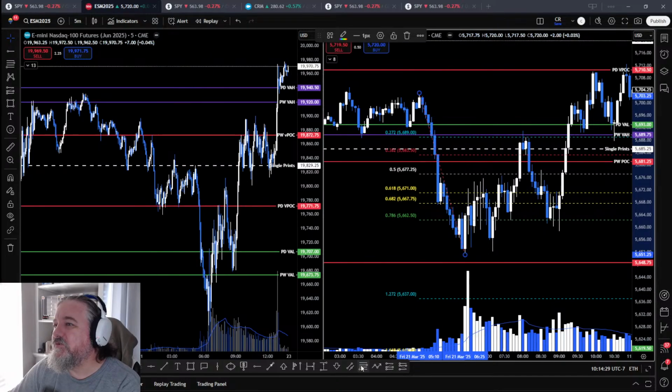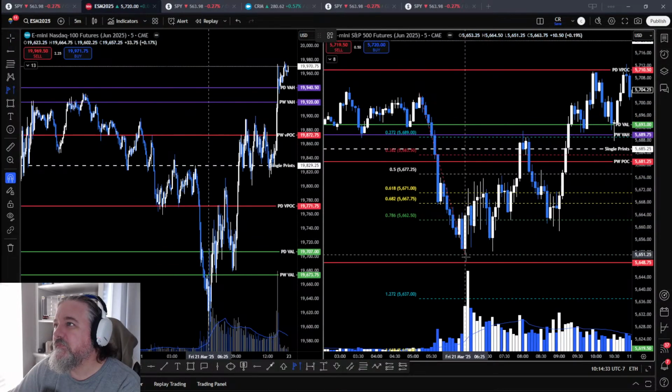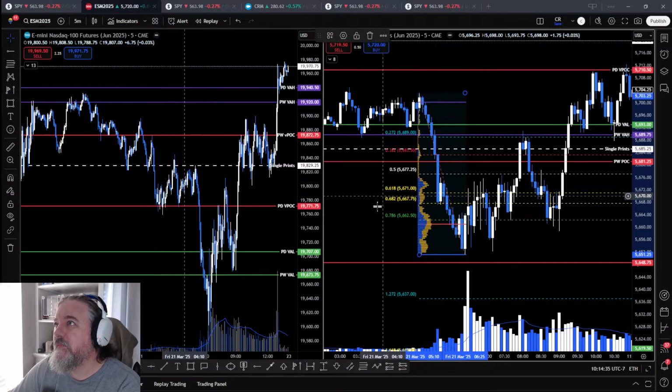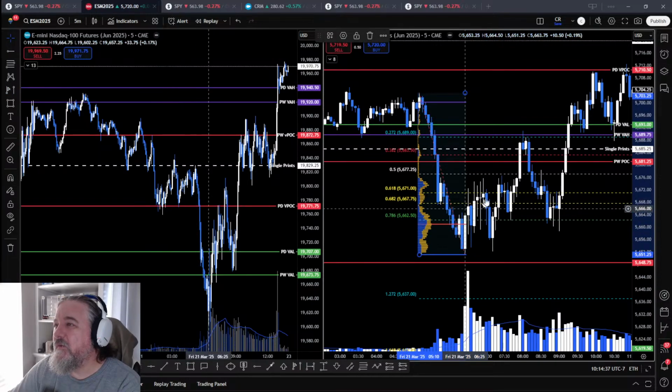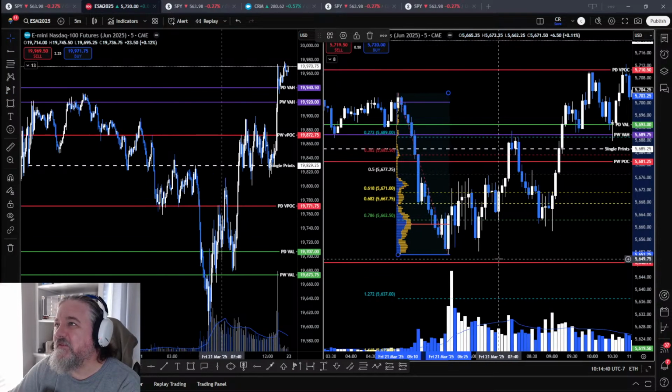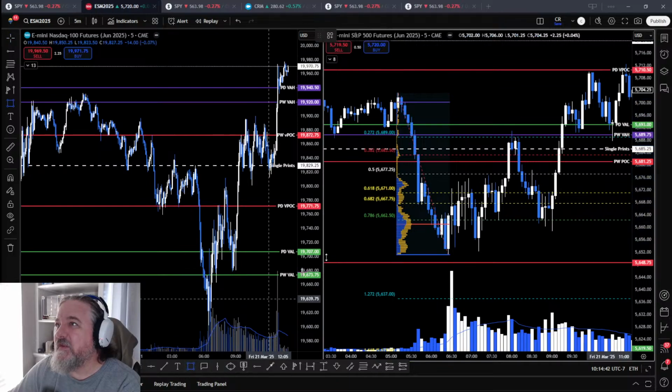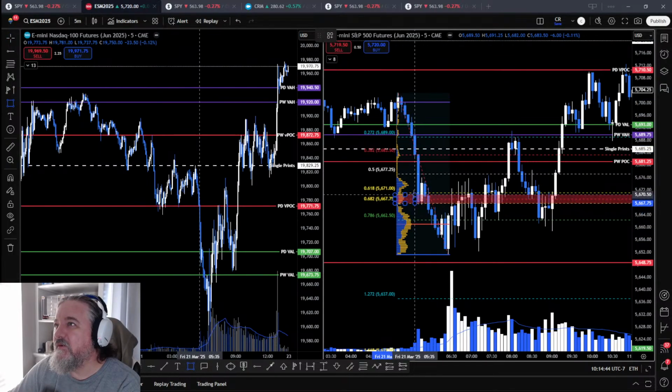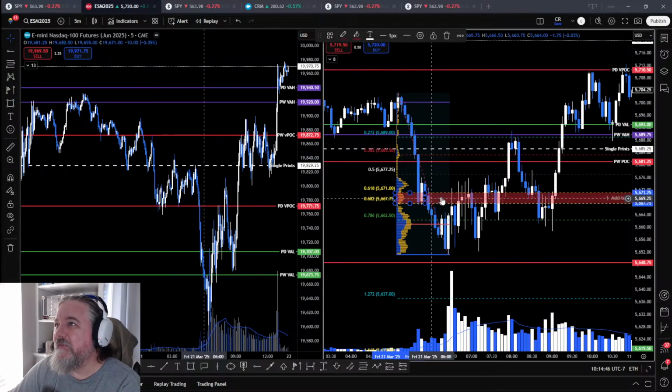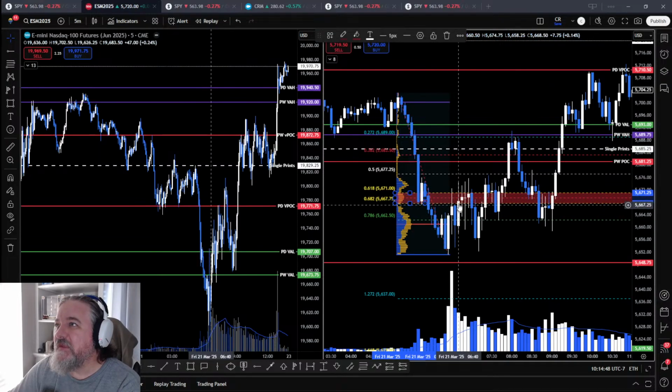And then I also drew a fixed range volume profile. I was telling people when I was trading live, right here we have a volume shelf and the golden pocket. And so when we come back to here, it might not be a bad place to grab a short.